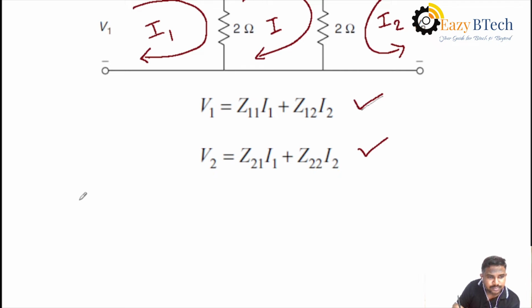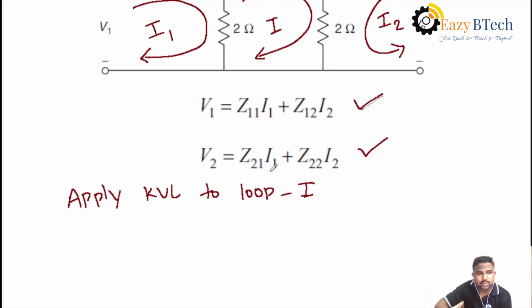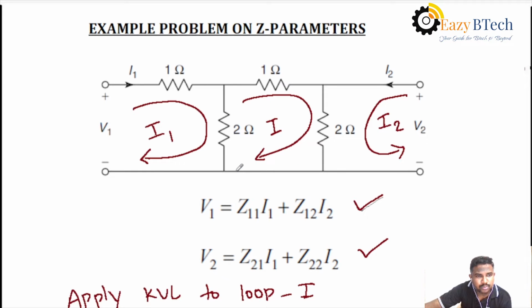Then apply KVL for each loop. Apply KVL to loop 1. Observe in the first loop, we have two elements, 1 ohm and 2 ohms. I1 is passing through 1 and 2.